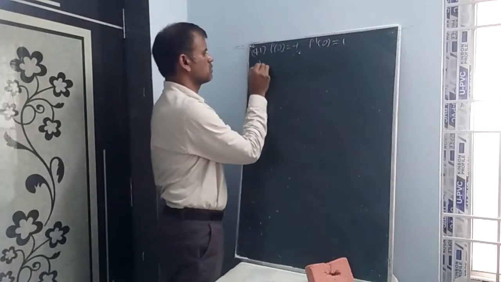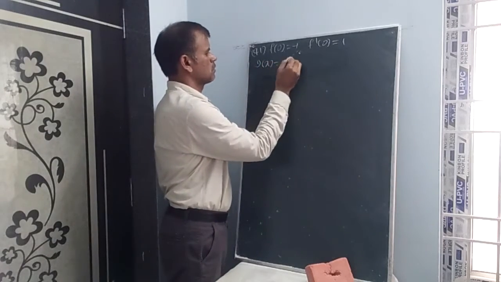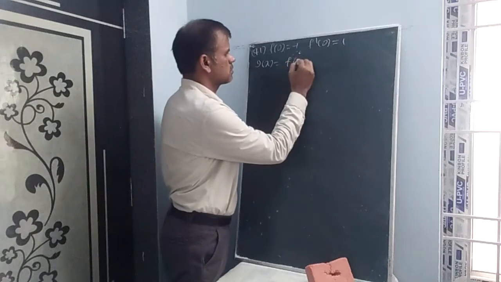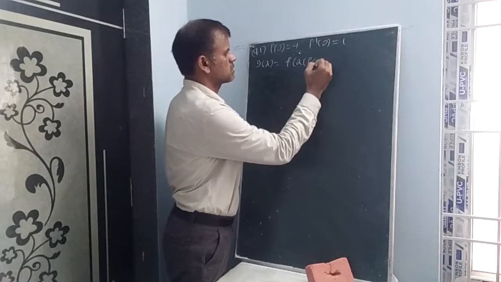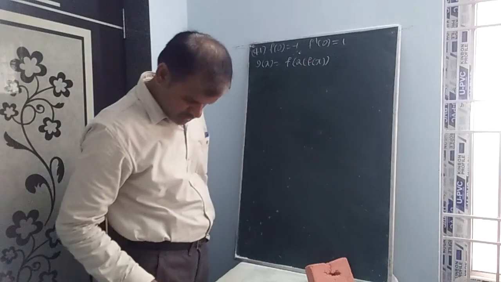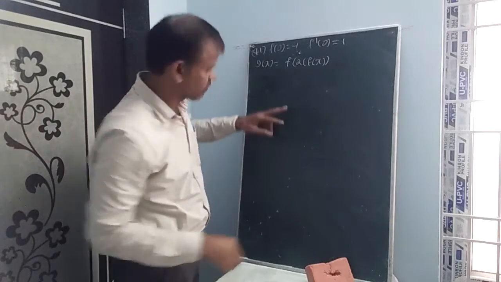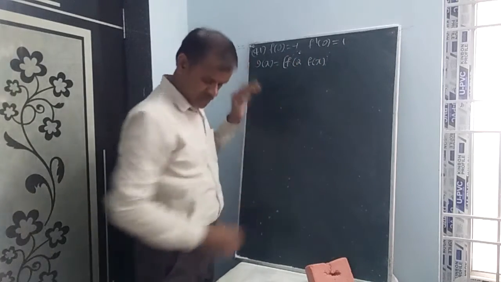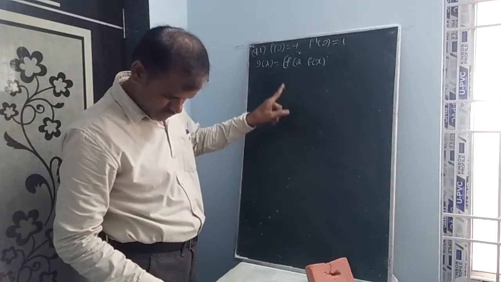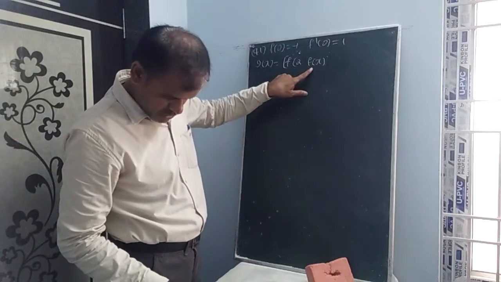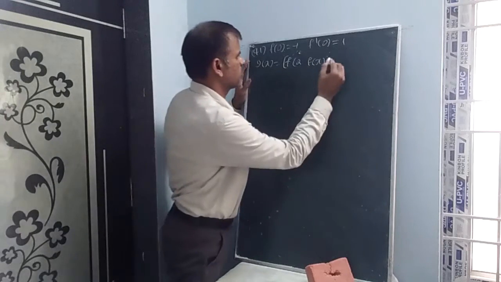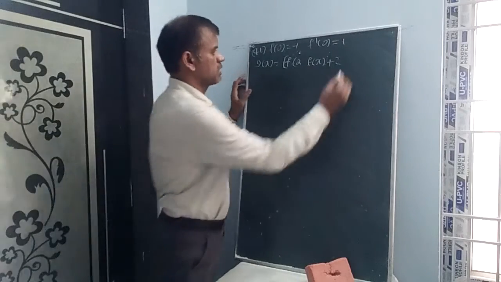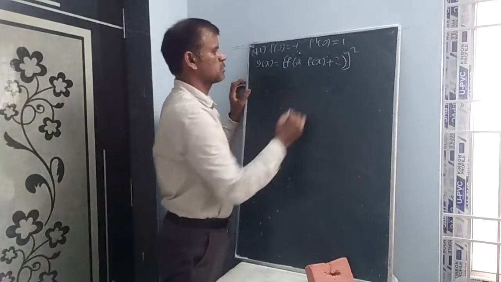Let g of x be equal to f of 2f of x plus 2, the whole square.